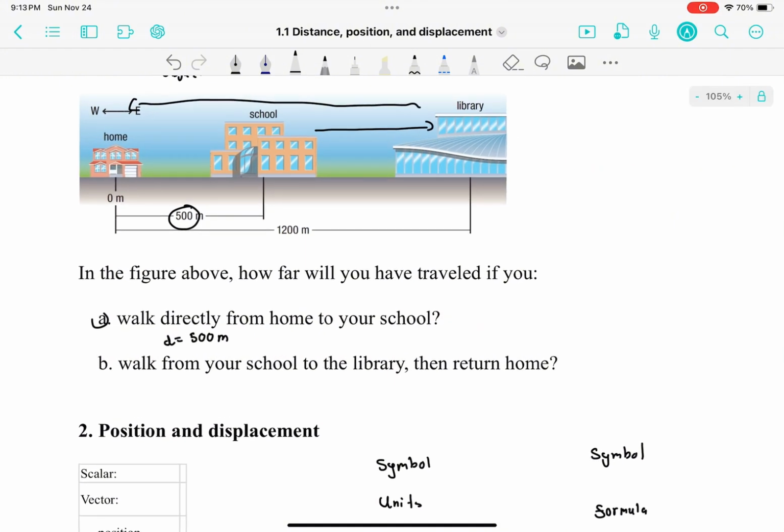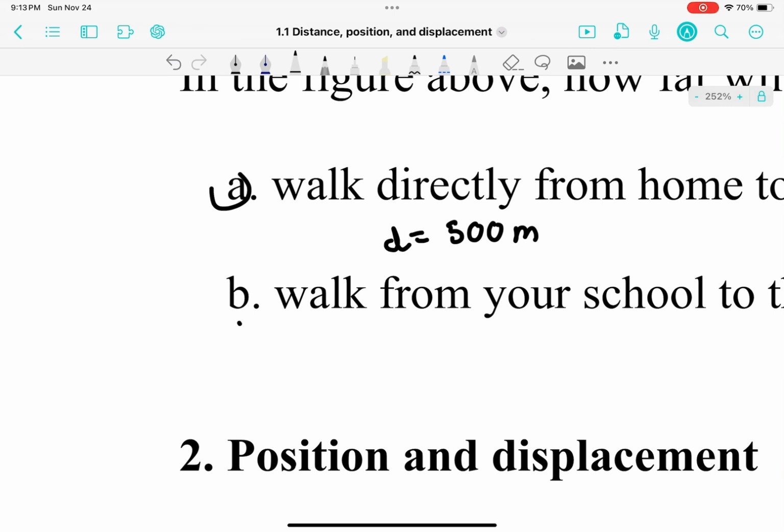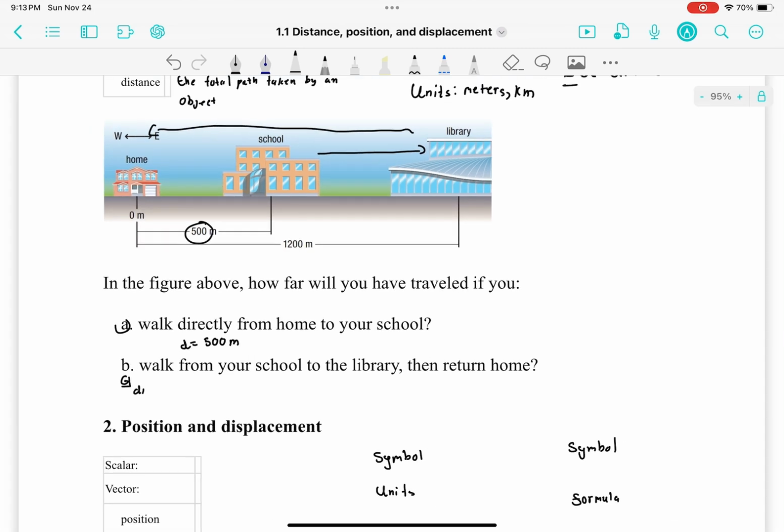So before we can begin that one, because this is a little more difficult than the last one, we can use the GRASS method, and we can just go our given. We know our D1, or our first distance, is going to be 1,200 meters minus 500 meters.